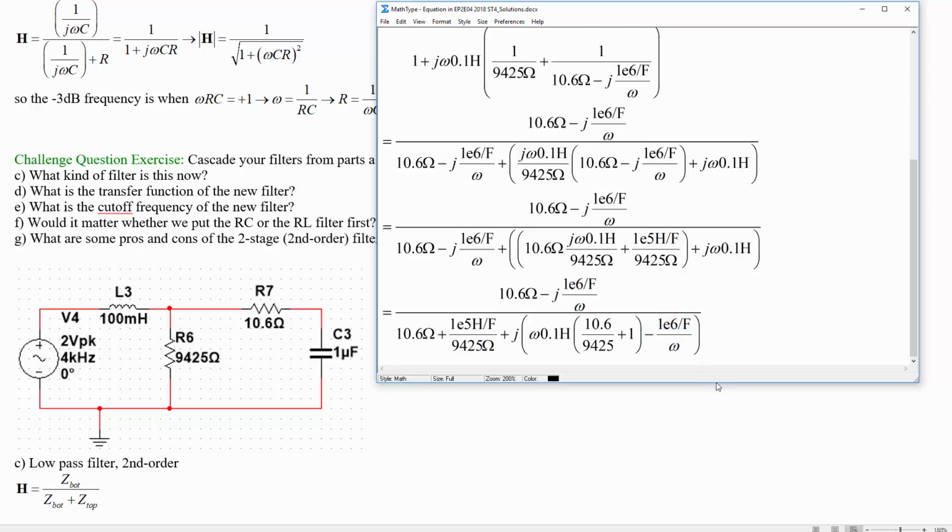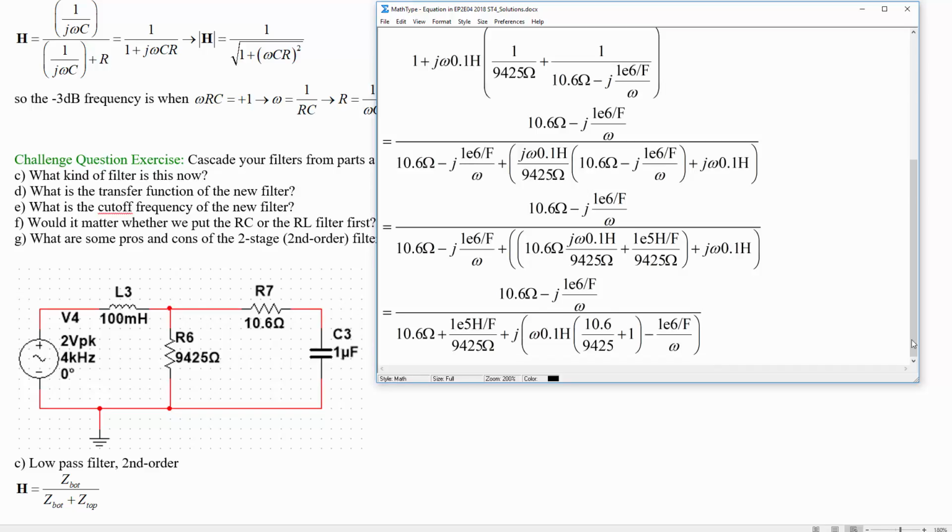So we're ending up without that term. If we just look at the things that scale linearly, we've got a 10.6 over this 1E5 divided by 94.25 plus another 10.6. So that's a pretty extreme voltage divider that we were talking about there. And the other part is that we have this omega term that's left unattended in the denominator to explode as frequency goes towards infinity. So this is the other part of the low pass filter.